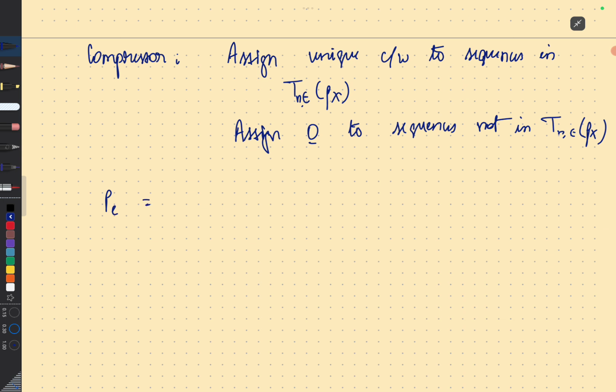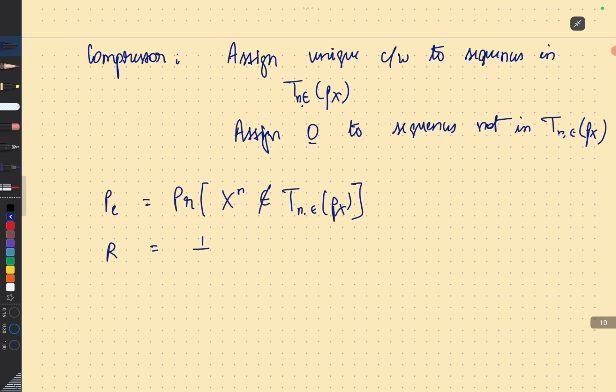So the probability of error is the probability that the random source sequence happens to be outside T_n epsilon. And the rate is basically, what is it equal to?